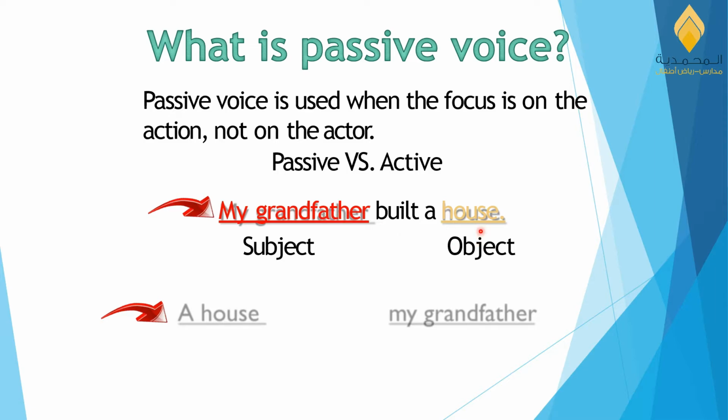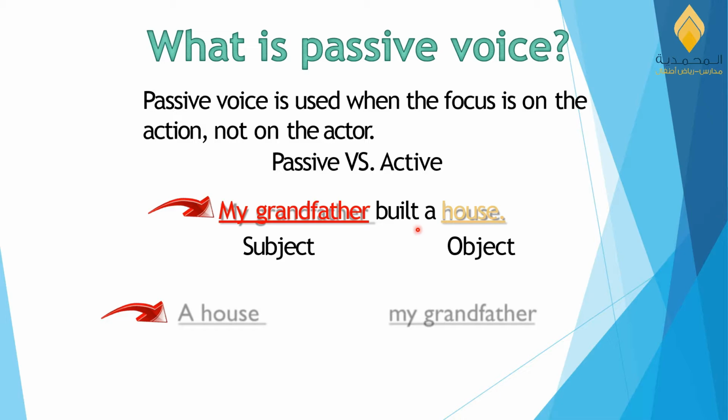So what happens now? Now I'm going to take the object of the sentence because I want to show that it is becoming more important and put it in the subject's place. Okay, once I put it in the subject's place, I will have a quick look at the verb that I have. So the verb that I have is in which tense?